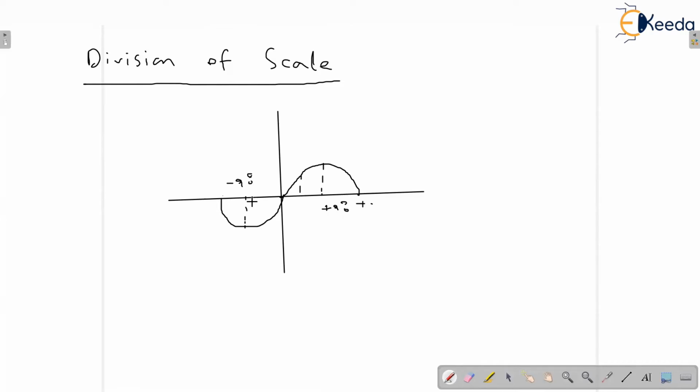So we can give here minus 45, plus 45. So this is m of theta.